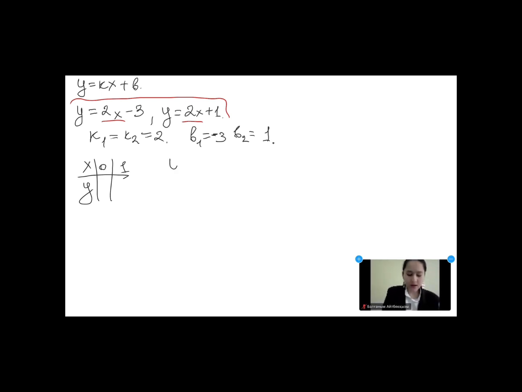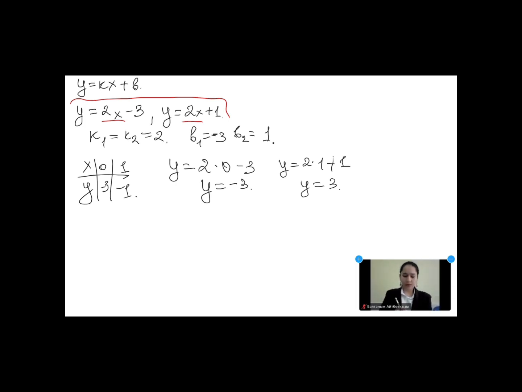Let's check this. y is equal to 2 multiplied by 0 minus 3. y is equal to minus 3, and then y is equal to 2 multiplied by 1 minus 3. Minus 3 and minus 1. Okay, good job.